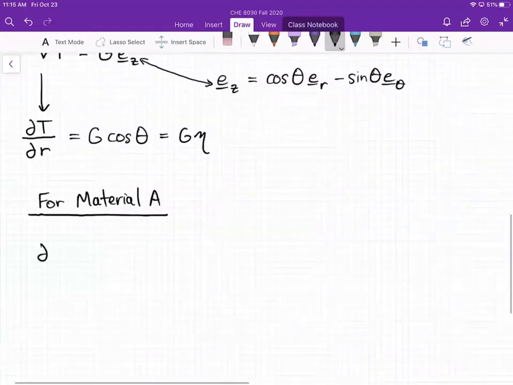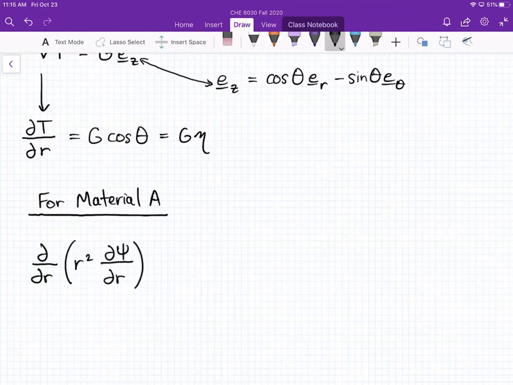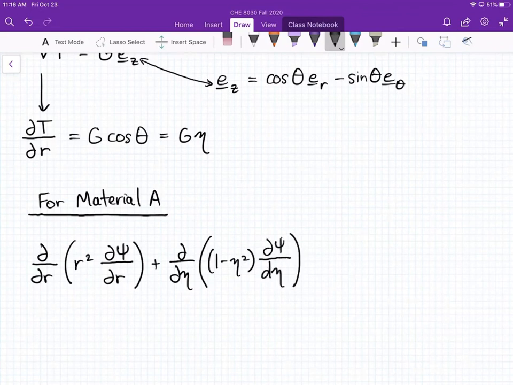And I end up with the following governing equation. So that becomes my governing equation for material A.